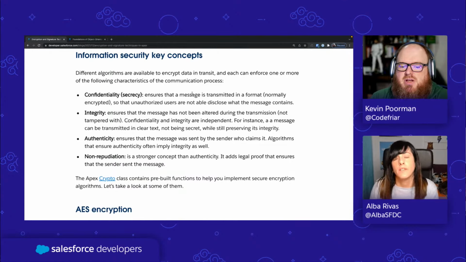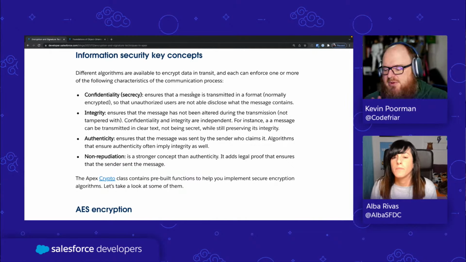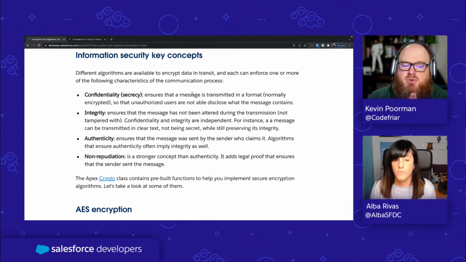Right. And generally, when we talk about this stuff, we're talking about encrypting things for transmission, because if we're talking about encrypting data at rest, we have solutions like Platform Shield to do that. So when we talk about encryption today, we're largely talking about encrypting data for transmission over a system that we don't necessarily trust.